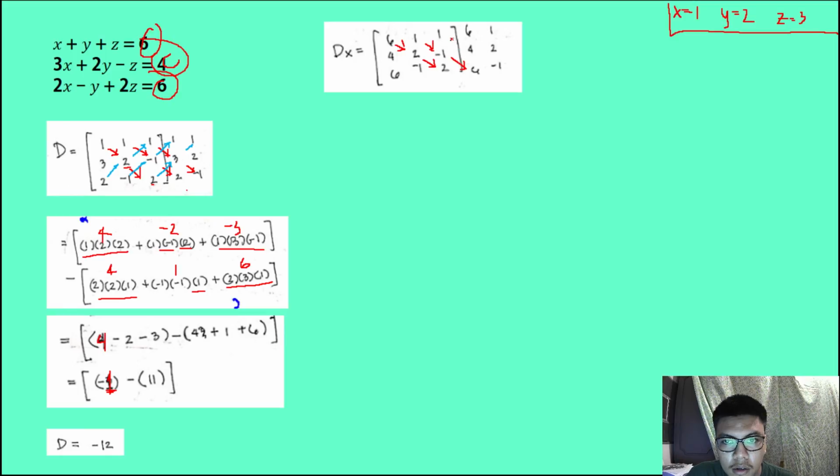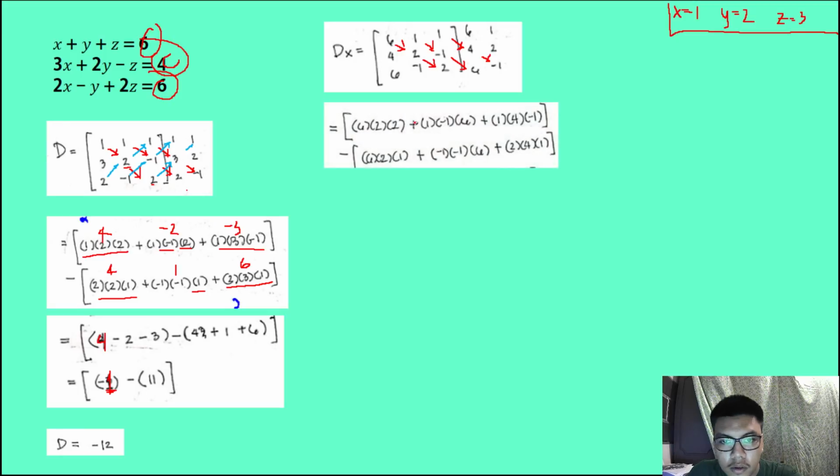Diagonals. Okay, so dito tayo ulit mag-arrive. So 6 times 2 times 2, then plus 1 times negative 1 times 6, 1 times 4 times negative 1, then diagonal upward. Okay, minus, 6 times 2 times 1, negative 1 times negative 1 times 6, so yun.